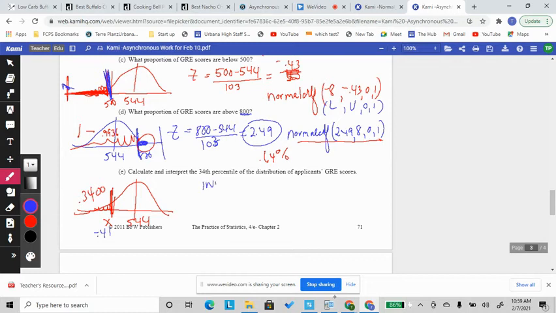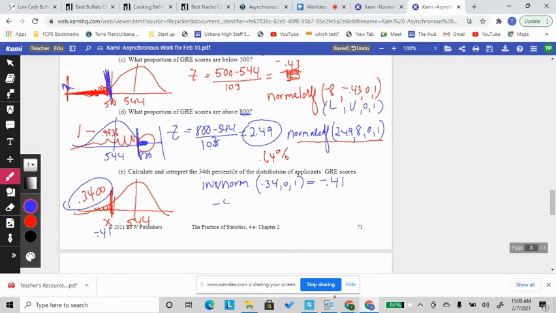If you have inverse norm, you can use inverse norm, and you're going to type in area to the left, 0, 1, and it's also going to give you negative 0.41, either way.